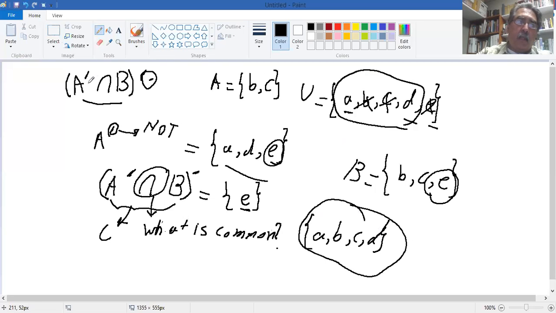So again, when the question asks for A naught intersected with B, the whole thing not, first find A naught. What is not in A?